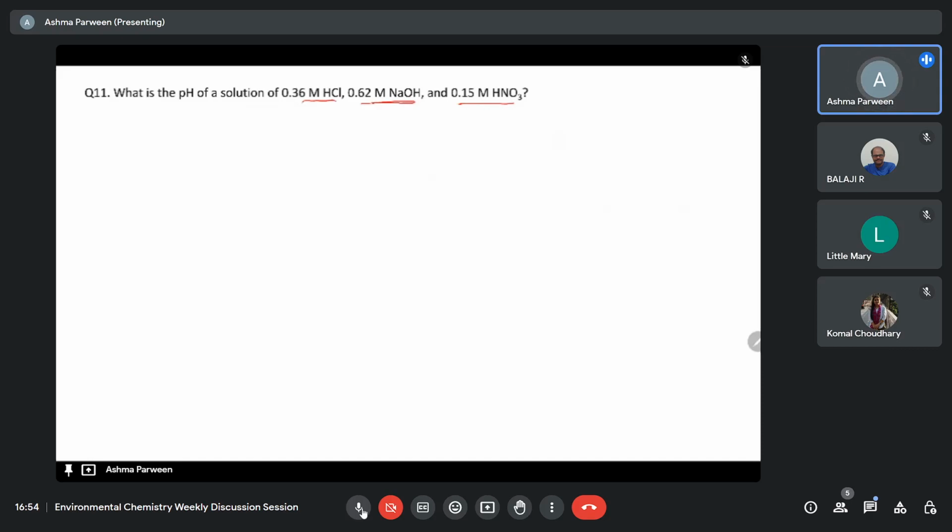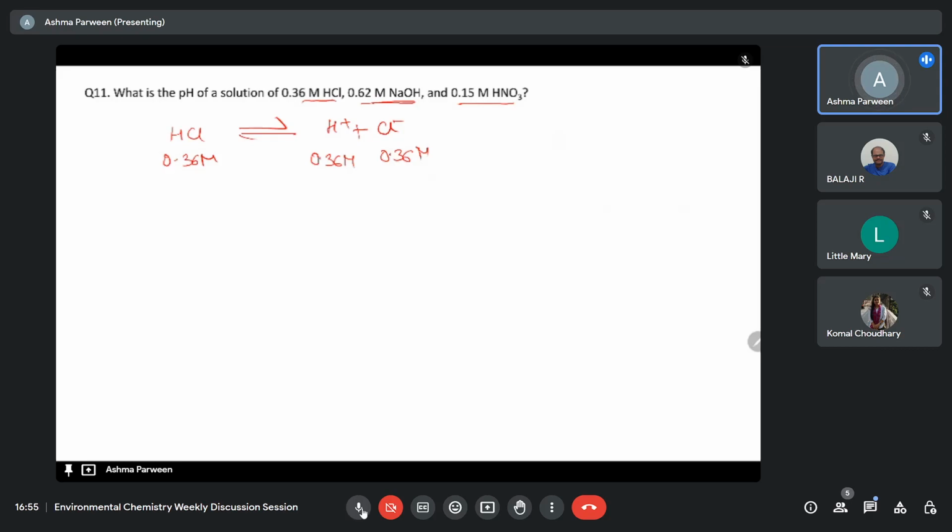Whatever the concentration of acid or base given, it will form H plus and the anions in equal concentration. If we have HCl at 0.36 molar, it will form 0.36 molar H plus and 0.36 molar Cl minus.